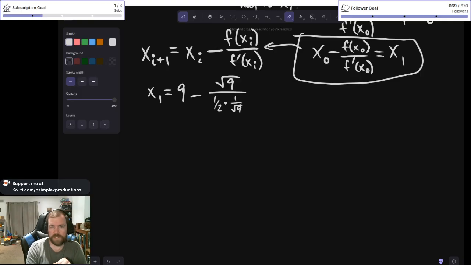Root 9 is 3, and 1/2 times 1/3 is 1/6. The 6 we can multiply to both top and bottom, and it gets knocked up to the top. And that, oh whoops, yep, minus root 7.5. Sorry, that's the function value, so we have to watch that.